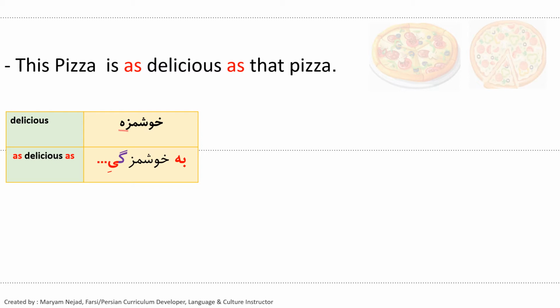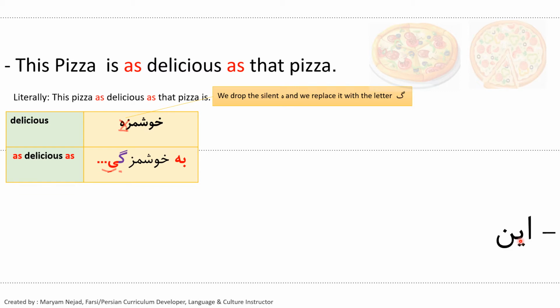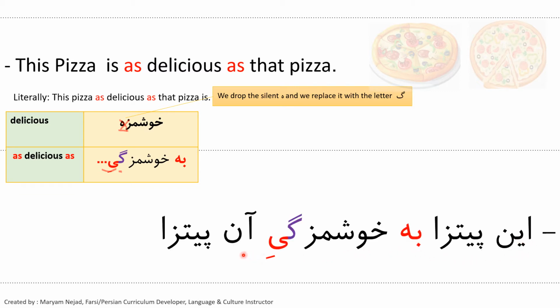So before we attach the letter ye or letter e to the adjective, we need to replace the silent he with the letter ge here to ease the pronunciation. So it's going to read as be خوشمزگیه. All right, so we are going to start with این پیتزا به خوشمزگی آن پیتزا است.